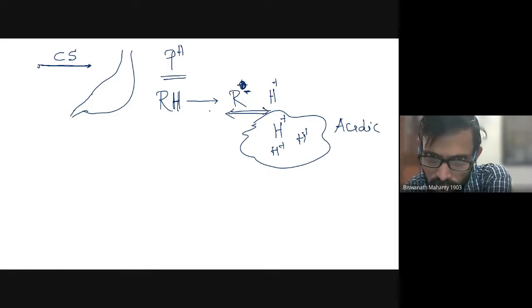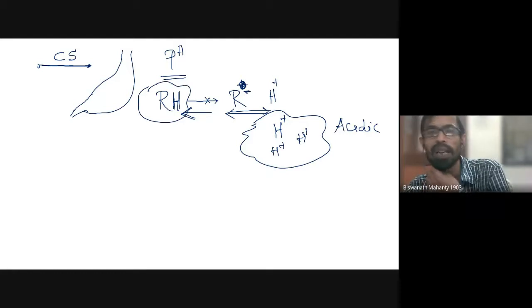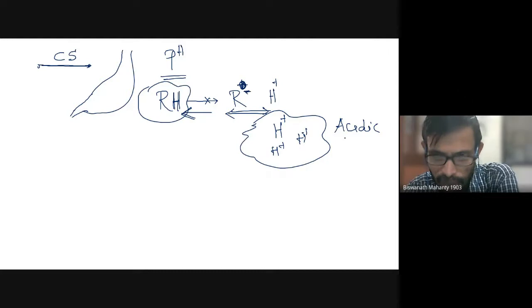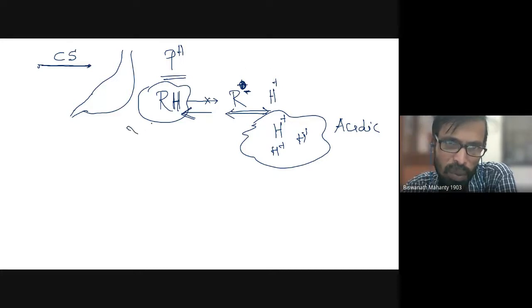This side it will not go, and the unionized form will be higher. So basically what I am trying to say, if I am having some negatively charged groups and we are going to have a very acidic environment, they will actually cause formation of this.